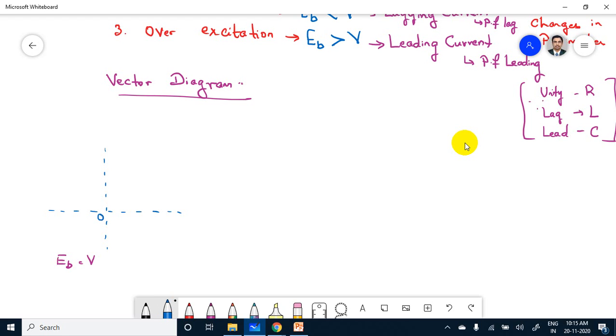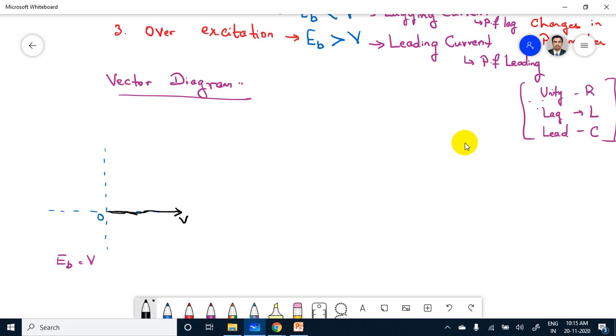From 0 we have to draw the voltage. This is my EB equal to V.